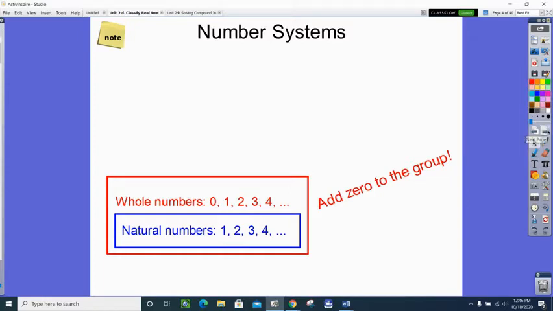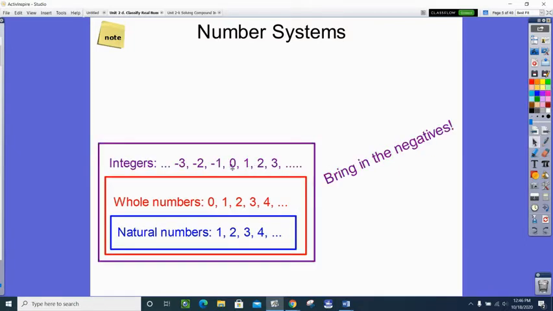Somewhere towards the end of elementary school, you started to think about the fact that the whole numbers had opposites: the negative whole numbers, like -1, -2, -3, -4. Temperature was an area that we talked about when we first introduced those negative numbers. Those are called the integers.